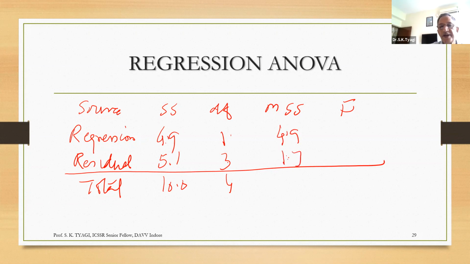And 4.9 divided by 1.7 comes out to be 2.88.